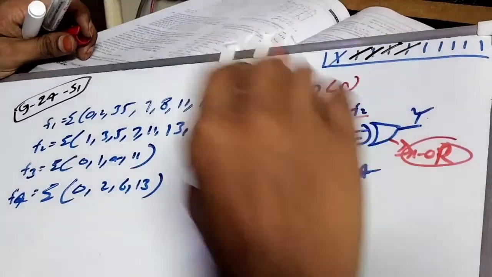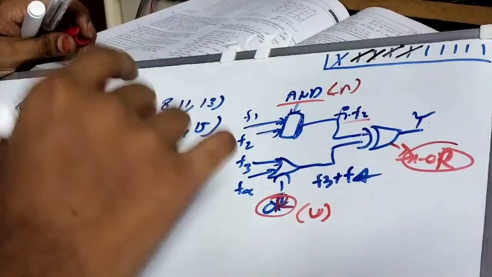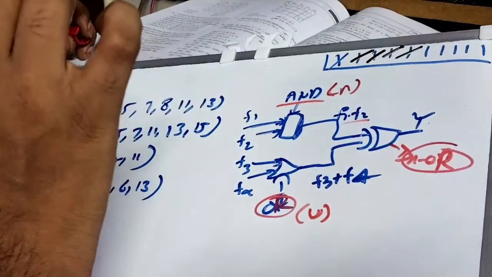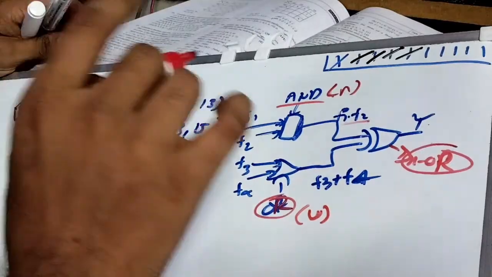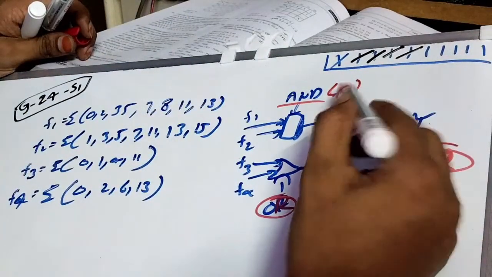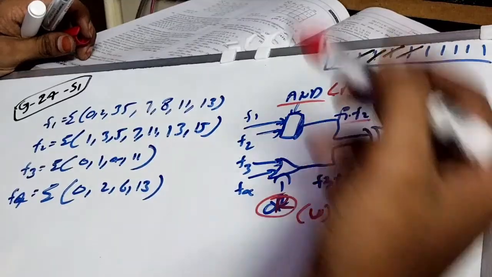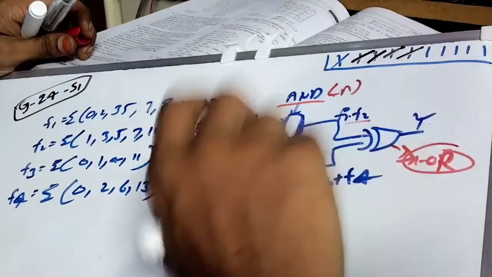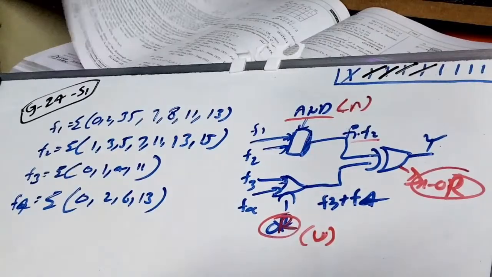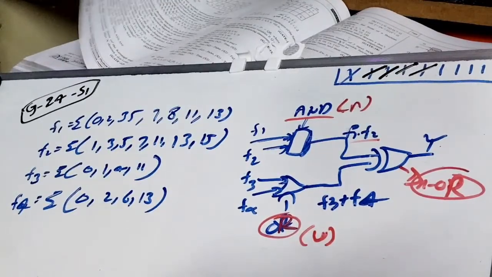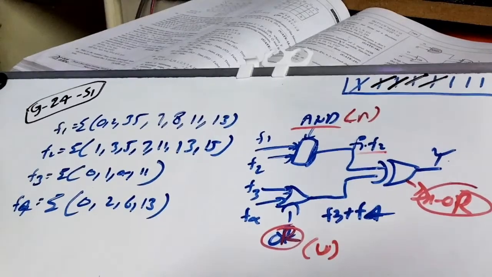I have a little bit of confusion between disjunction and conjunction. I think disjunction is OR and conjunction is AND, but I need to clarify these two terms.